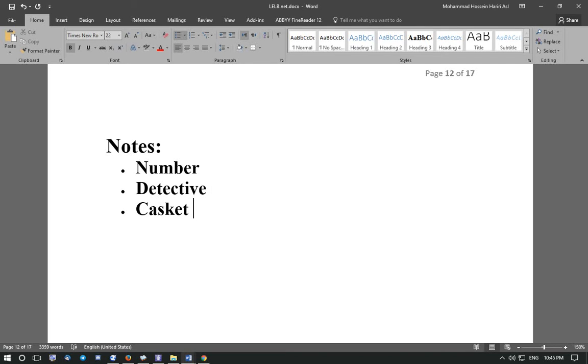Casket or coffin. And let me just conjugate or go through inflection of this verb lay. Lay means put. Okay, and the past tense is laid.